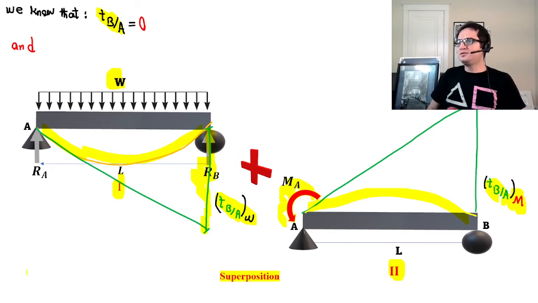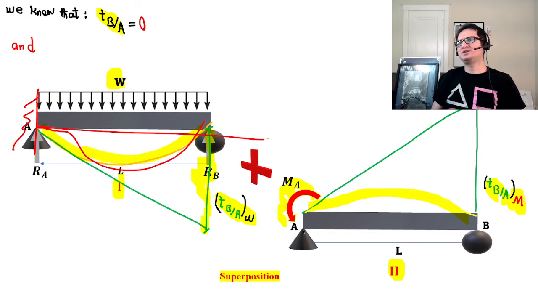If you consider the original beam, it's like a fixed support, it goes like this and comes back here. So if you draw a tangent to B, that's the total t_B/A, and there is no change, there is no vertical flip-flop for that.